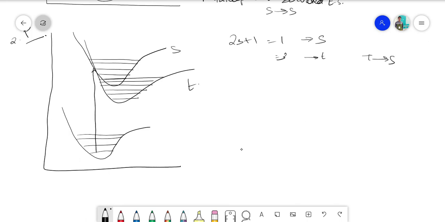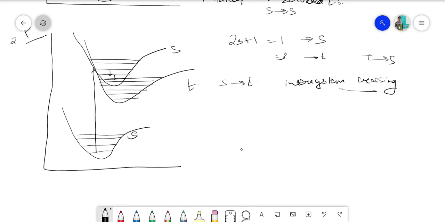Now it is going from singlet to singlet. Now in the higher excited state, it is going to come down. And at some place, you will see the two energies overlap. That is where a transition can occur from singlet to triplet, and this is known as intersystem crossing.